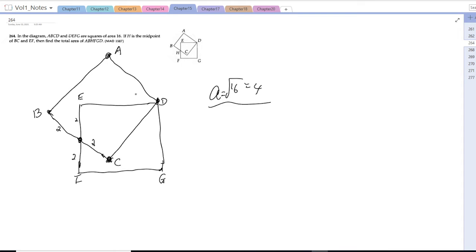If this is the alpha angle, and this is also the alpha angle, it means after you rotate by alpha, they can both overlap each other. The corresponding angle here is also alpha, so this is 90 minus alpha. And the corresponding angle of this line and this line is also alpha.